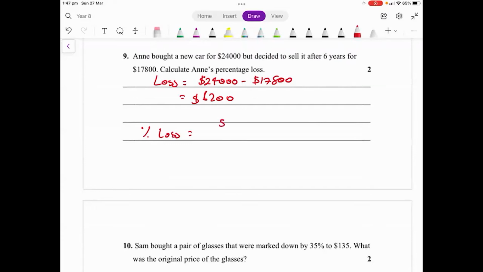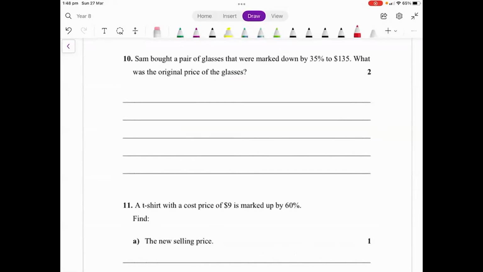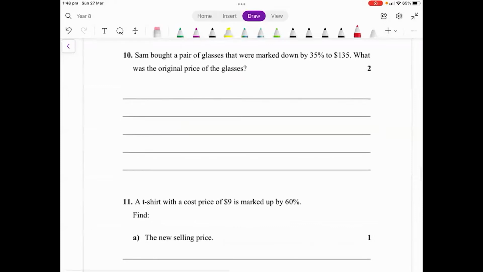That gives us a loss of $6,200. Then to calculate the percentage loss, you do $6,200 over the original price, so over $24,000. That's a fraction, so we multiply it by 100. That gets you 25.83%.